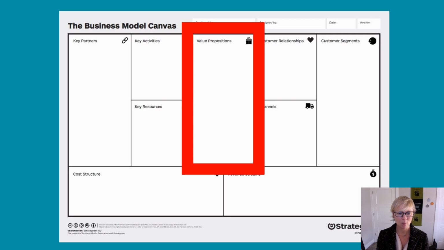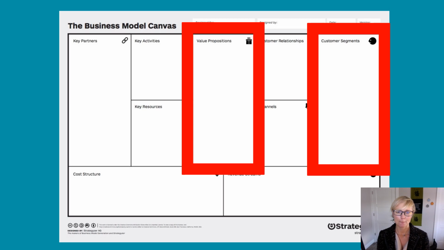That center box is the direct correlate to the square box from the value proposition canvas, and this rectangle far to the right is representative of the circle from the value proposition canvas. And we are going to leverage this canvas starting from a customer segment led stance.